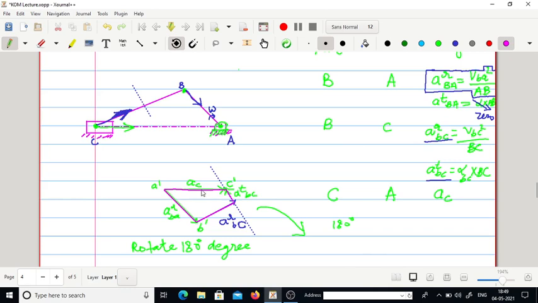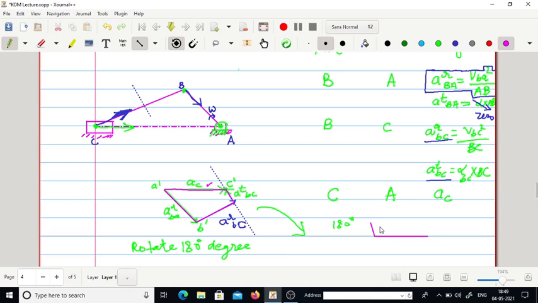First I will rotate this line, so it will be like this from A to C. Then from point C we have this tangential acceleration component. I will draw it first like this.